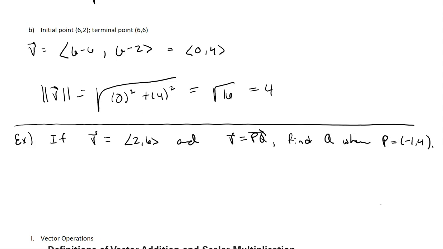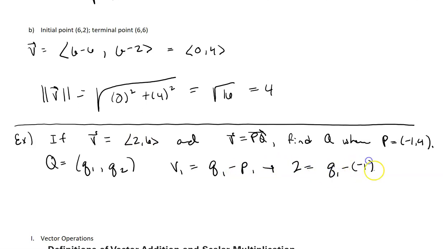This example says if V equals 2, 6 and V equals PQ, find Q when P equals negative 1, 4. Well, we know that Q is going to be some Q1, Q2, and we know that V1 has to equal Q1 minus P1. So that tells me 2 has to equal Q1 minus negative 1.